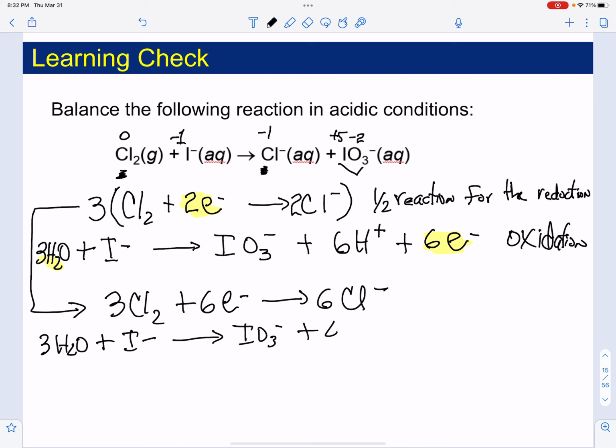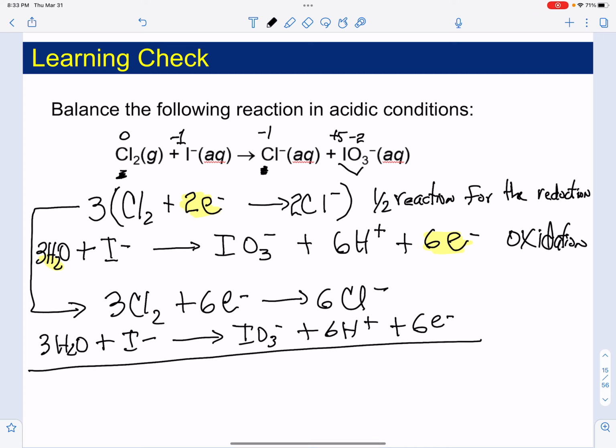plus 6 protons plus 6 electrons. I'm going to combine both of them. Whatever repeats on the left side and the right side cancels, and everything else comes down.